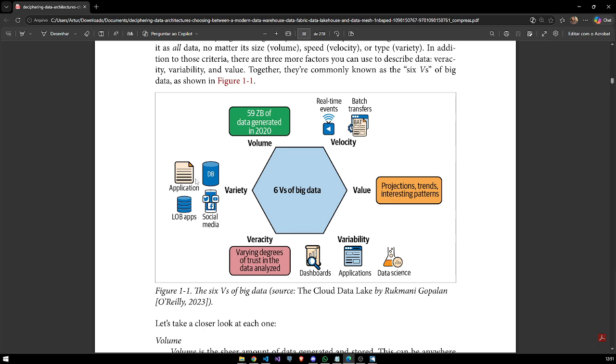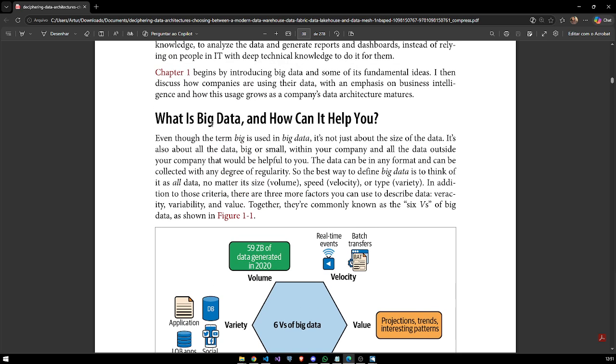So this data can be extracted from a diversity of applications, databases, CSV files, Excel files, PDFs. All of this can be extracted when talking about big data.